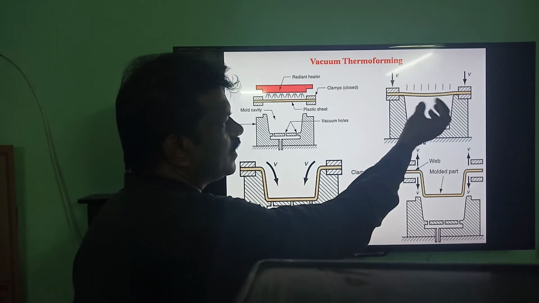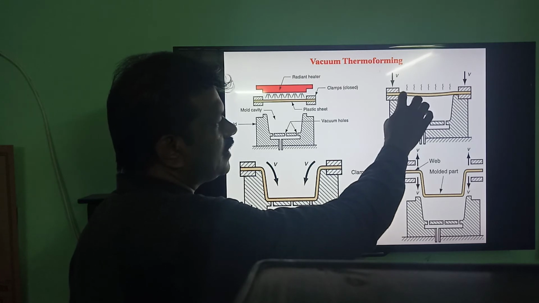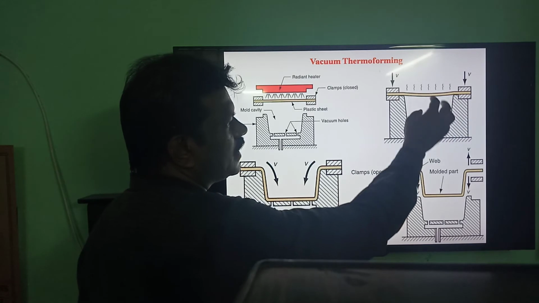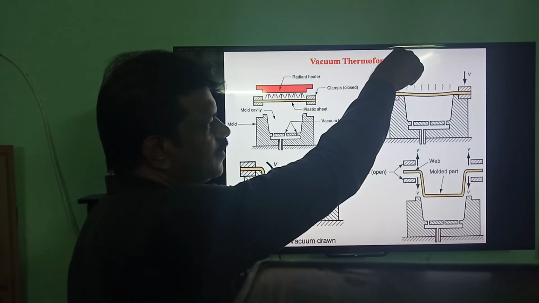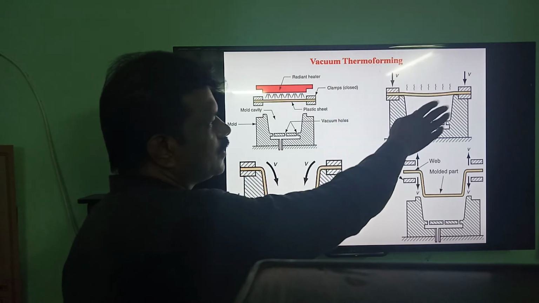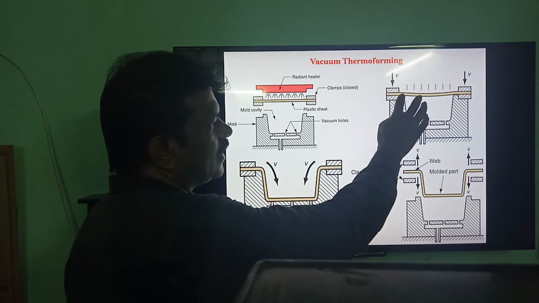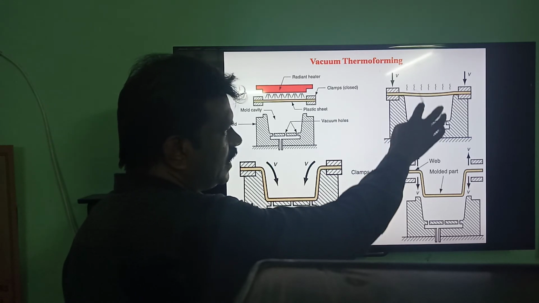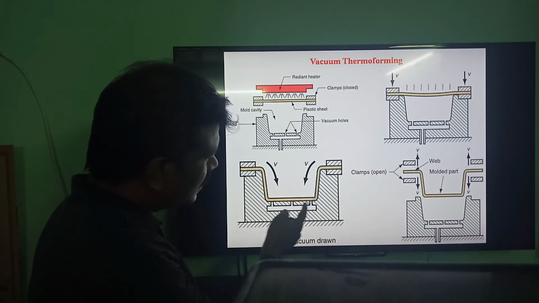Once the vacuum is created in this portion, the sheet is naturally forced to move in this direction, because this portion is closed, so there is no possibility of atmospheric air entering through these portions. Naturally the hot plastic sheet moves in this direction.